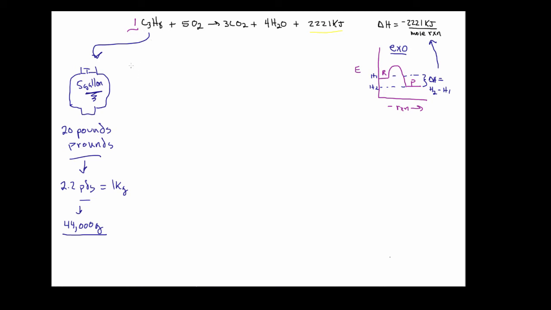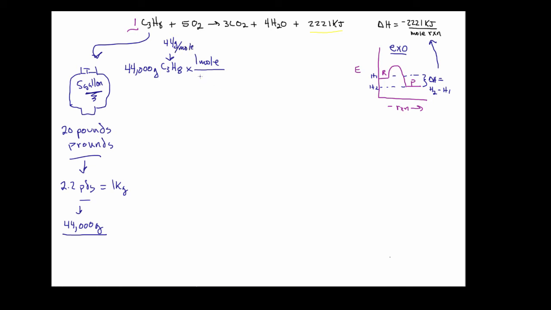So how do we do the calculation? We use standard theoretical yield calculations. We've got 44,000 grams of propane, C3H8, and the first thing we have to do is get to moles. We're going to use the unit multiplier method, and the molar mass of propane is about 44 grams per mole. We're going to back-of-the-napkin this all the way through.